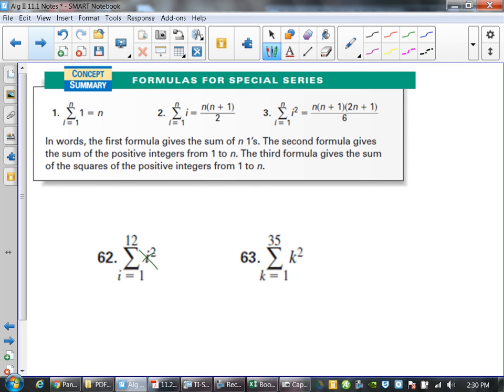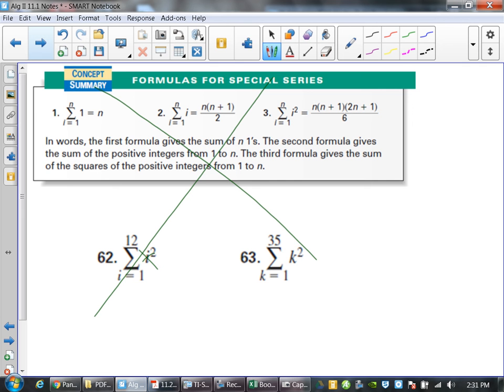Here's the other thing. There is absolutely no reason why we need to know any of these, because there's a button on your calculator. There's no reason why we have to know how to break down x squared into x times x plus 1 times 2x plus 1 all over 6 as I sum it from x equals 1 to however many times.